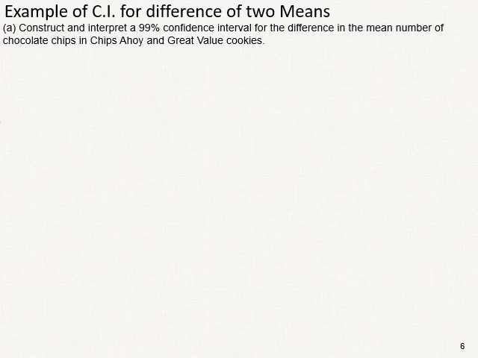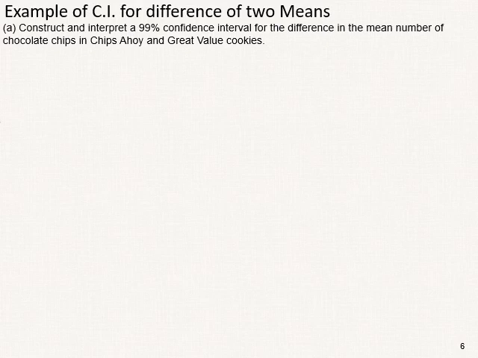And so we want to establish which thing is getting subtracted from which thing, right? Does that make sense? So we want to say the mean Chips Ahoy cookie minus the mean Great Value number of chocolate chips in each cookie. So we want to set that up in the state, and then we have to use that same difference all through the problem.